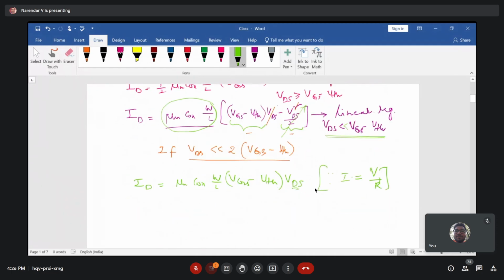So what you can write here is that ID is equal to two terms, this is my first term and this is my second term.